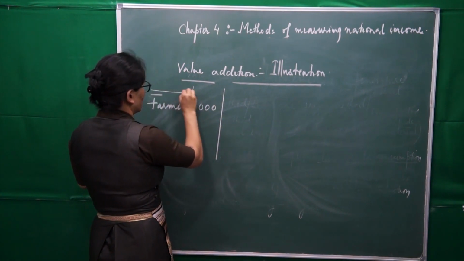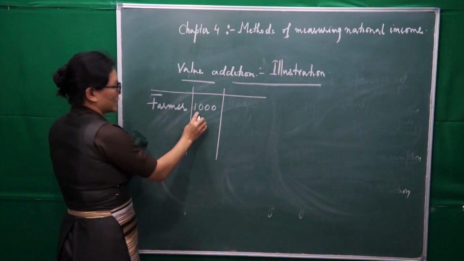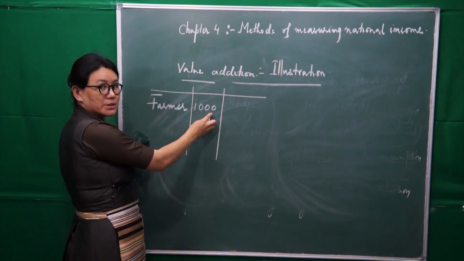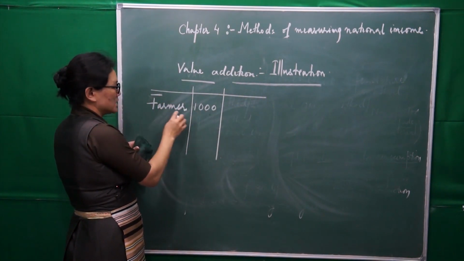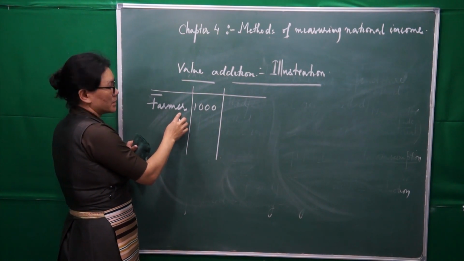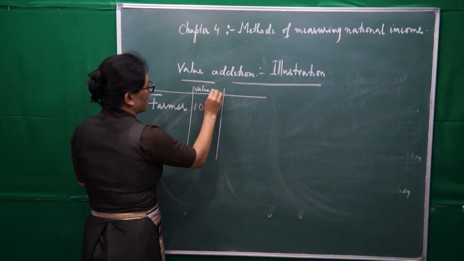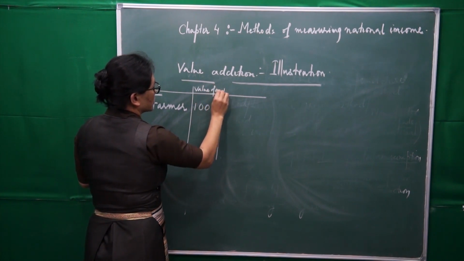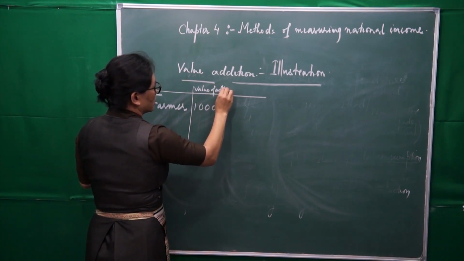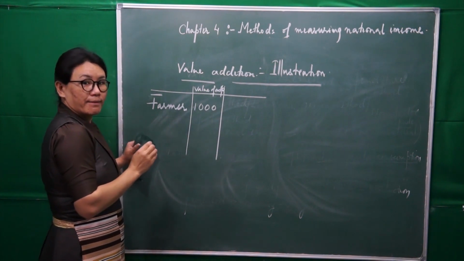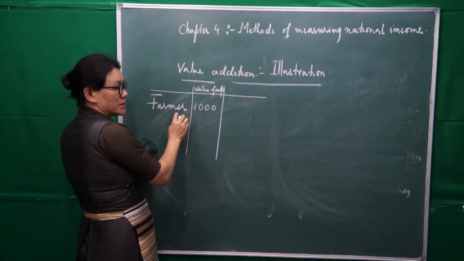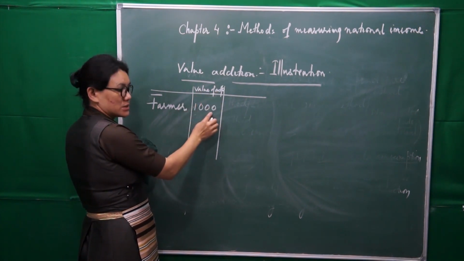So, what is this? The price of his output, right? So we can put it like this. This is value of output. Okay. Output is the wheat here and the value is 1000.